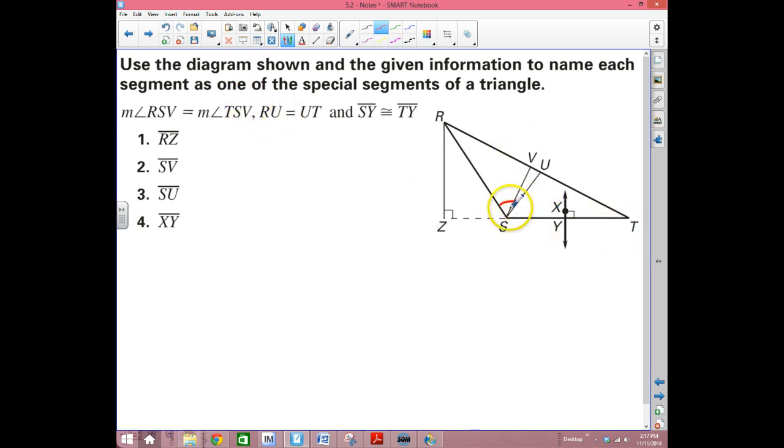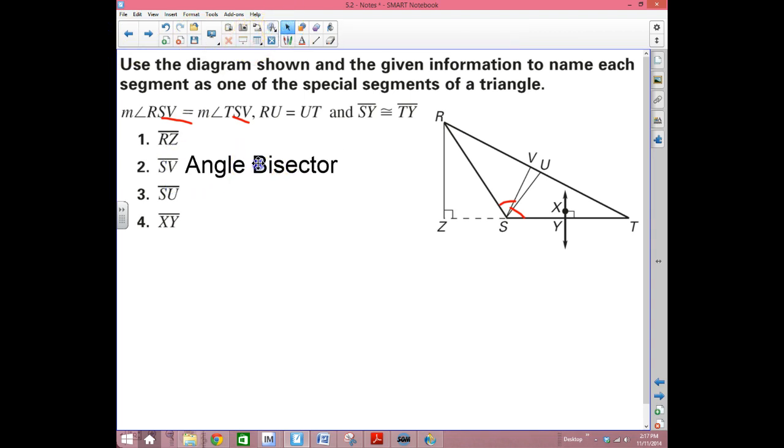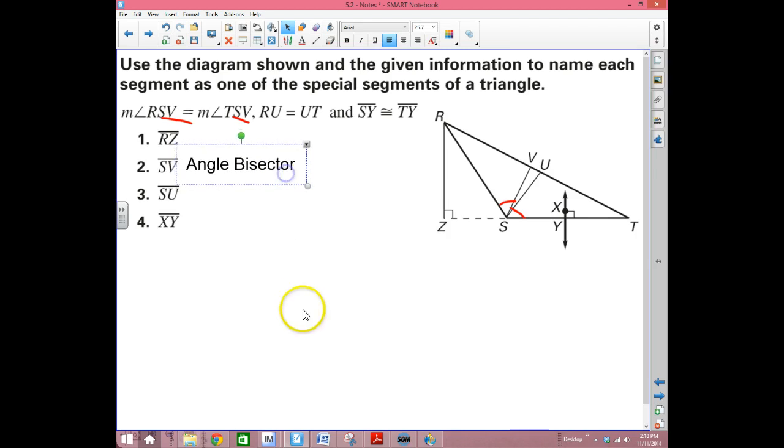Here's TSV down here. Notice what they have in common is SV, meaning that SV must be the angle bisector, because it's created two congruent angles. So SV is our angle bisector.